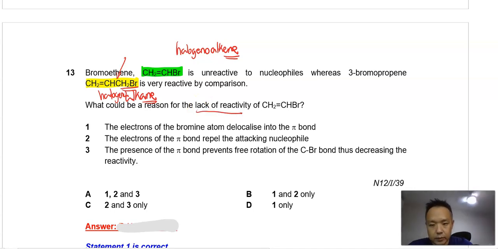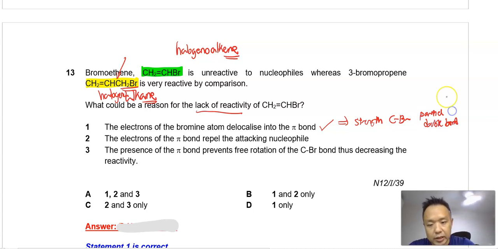That's the question. The electrons of the bromine atom delocalize into the pi bond. Yes, that's correct, because this strengthens the C-Br bond, and you have a partial double bond character, which makes nucleophilic substitution very difficult. The electrons of the pi bond repel the attacking nucleophile. That's correct.